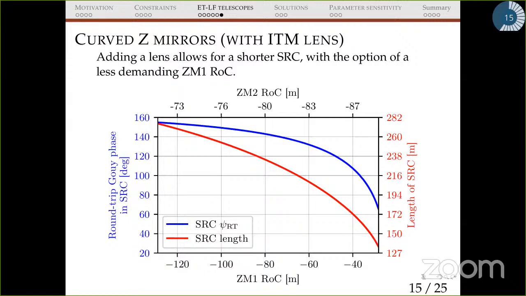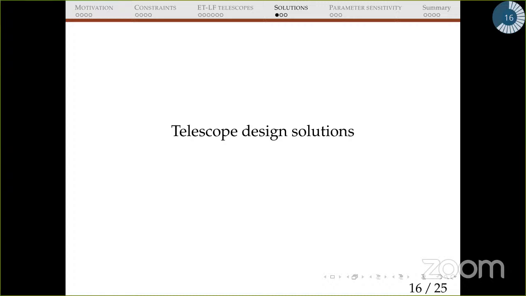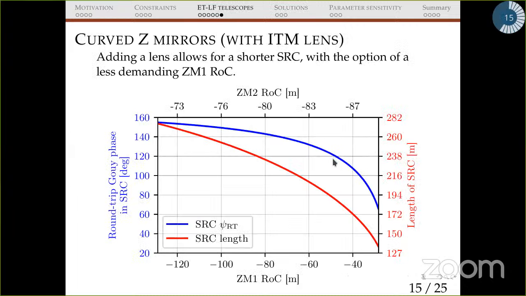If we rerun the same kind of analysis, we again see we can get a stable SRC, but now with an SRC that's quite a bit shorter and also opening up a better range of ZM1 radii of curvature to reduce the strictness on this. From this plot, we can just select a given solution, and you can see in the last slide at the end a table of data which gives the exact optic values that we used.